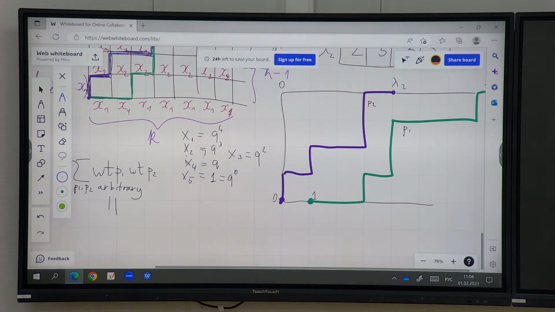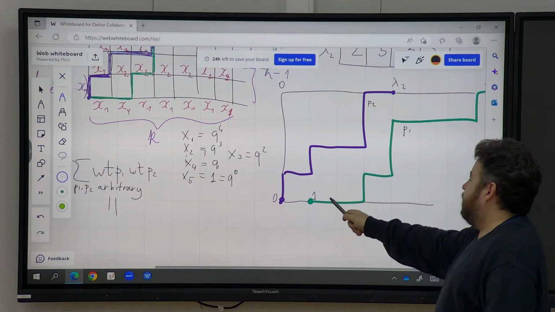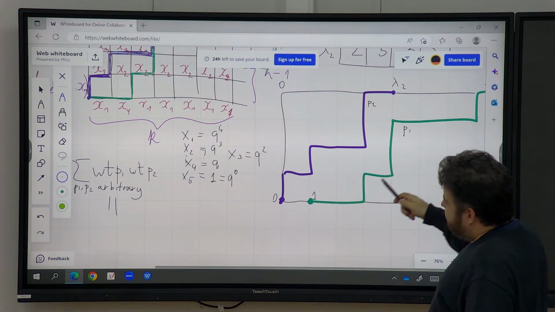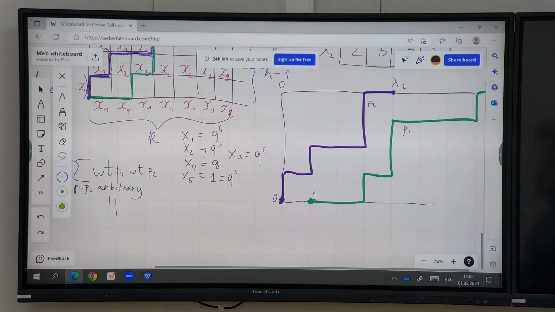So what is this product? What if I take not just a sum of monomials, but I take a monomial for a green path, a monomial for a violet one, and sum them up. What polynomial in x's am I going to have?